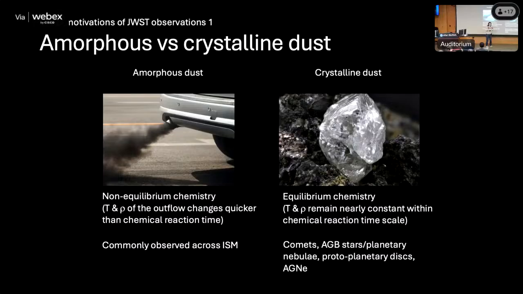So when the chemistry to form the dust is happening, it's so stable that there's enough time for the carbon or silicon to align nicely and form the so-called crystalline structure. Crystalline silicates have been detected in comets, some of the AGB stars, planetary nebulae, protoplanetary disks, and AGNs.